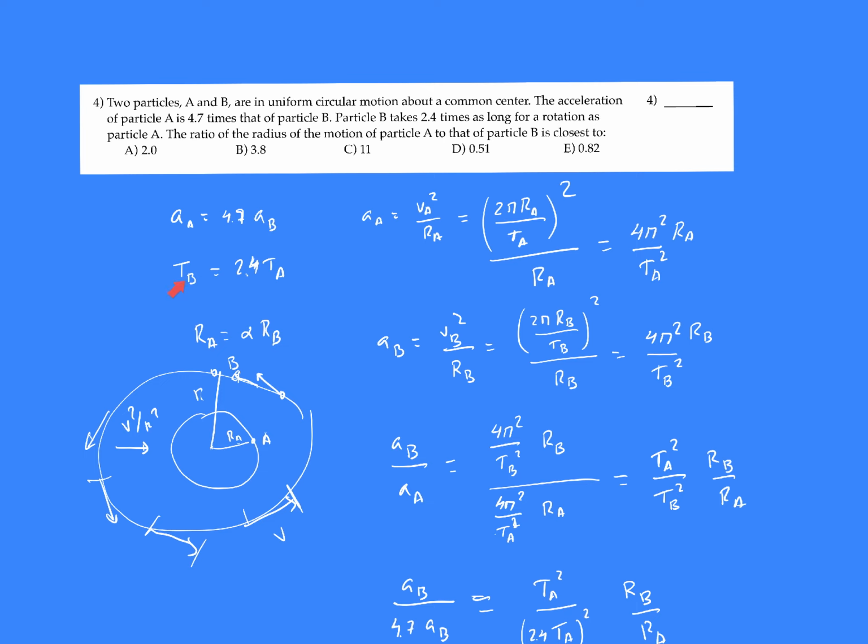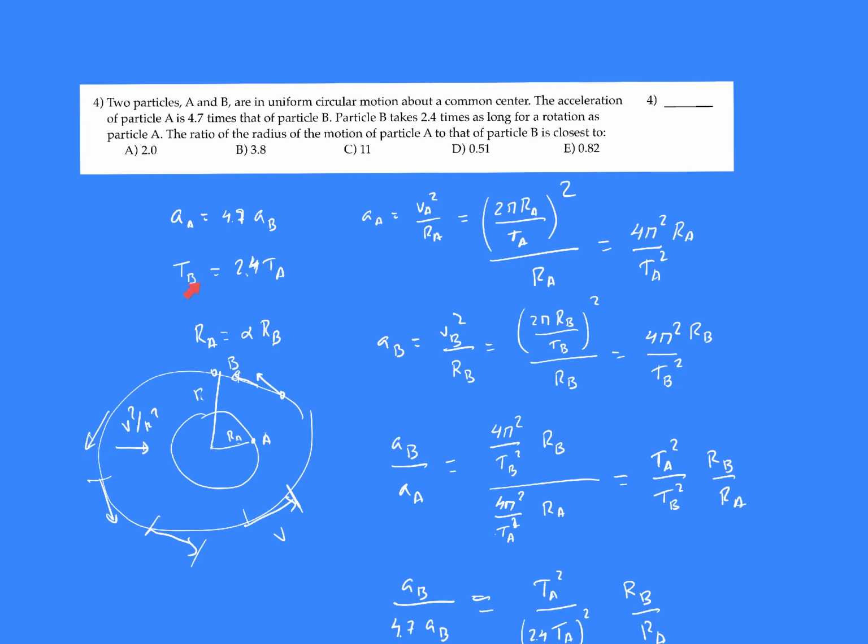And the body B will travel in a circle of radius RB, and it will travel a bigger distance.